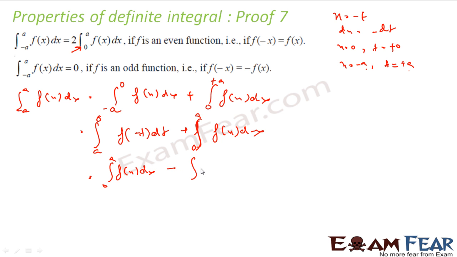This second, because there's a minus here, f(t) dt 0 to a, f(minus t). I know f(minus t) dt is equal to f(minus x) dx. So this guy is nothing but integral 0 to a f(x) dx minus integral 0 to a f(minus x) dx. Correct? This is what I get.